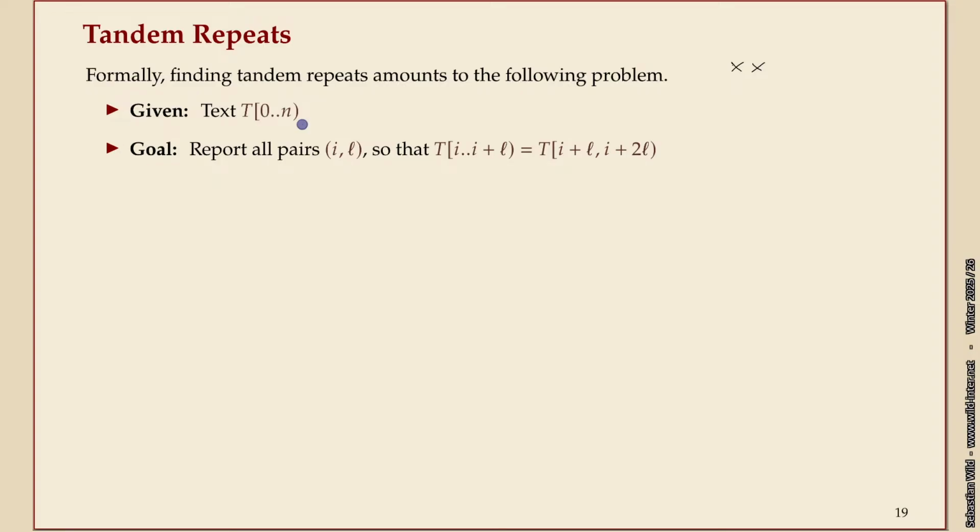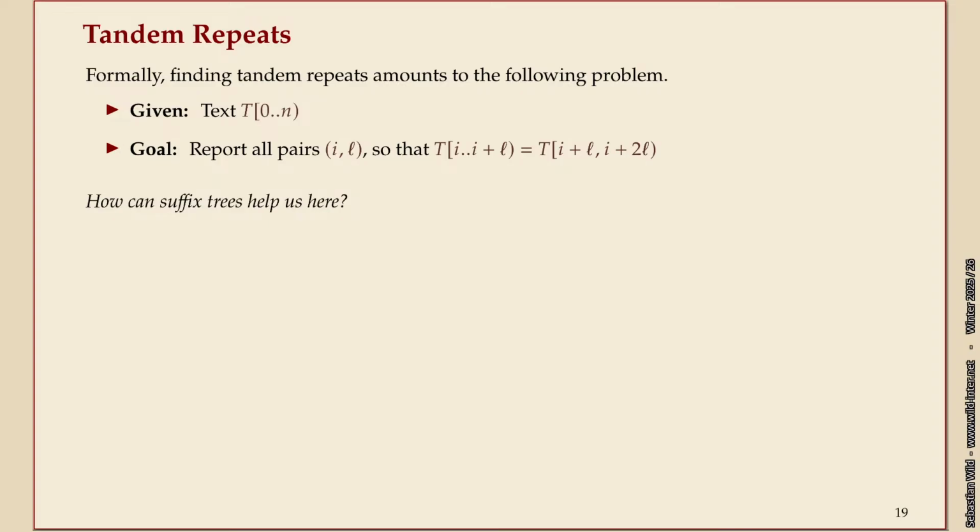So given a text of n characters, find all the pairs of starting positions and lengths so that L is the length of this x, and that indeed I have 2 occurrences right next to each other.